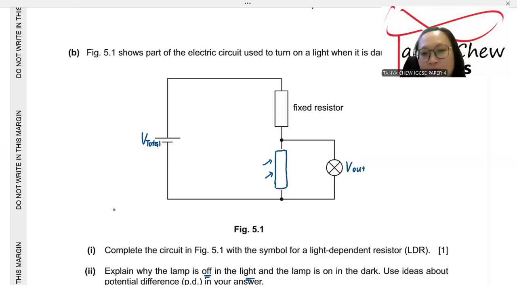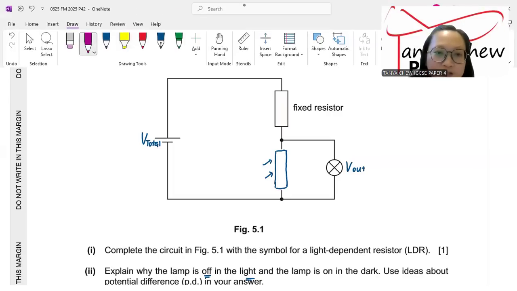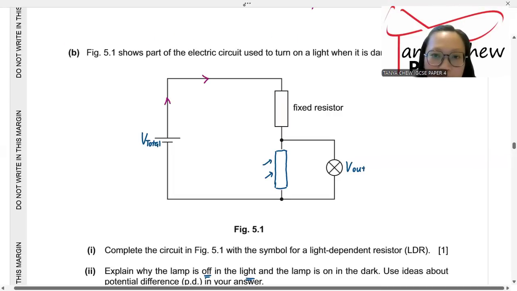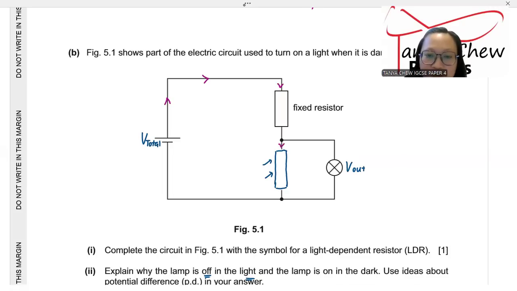Potential divider concept is valid to series circuit only. So I want you to see this. That is why the current flows from positive, the same amount of current that is flowing through the fixed resistor must be equal to the same amount of current that flows through LDR. See that? Ignore the light bulb just yet. See that? The PD of the LDR is the same as the PD of the light bulb.